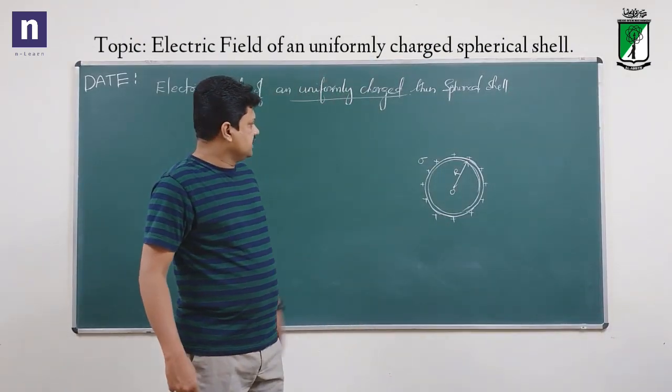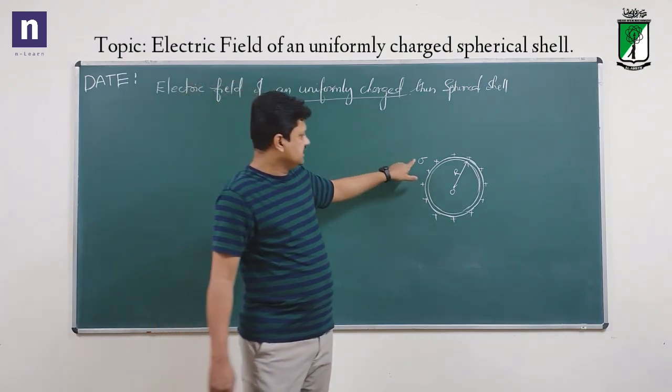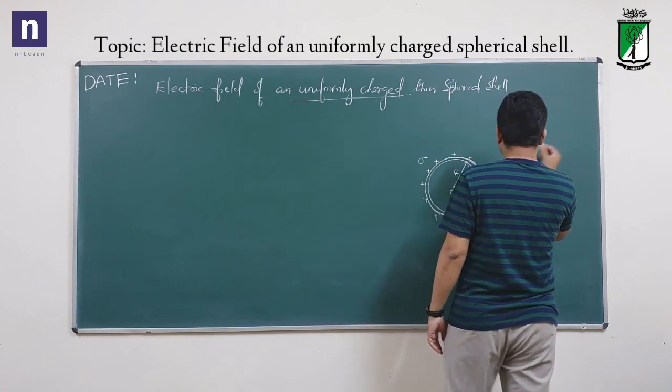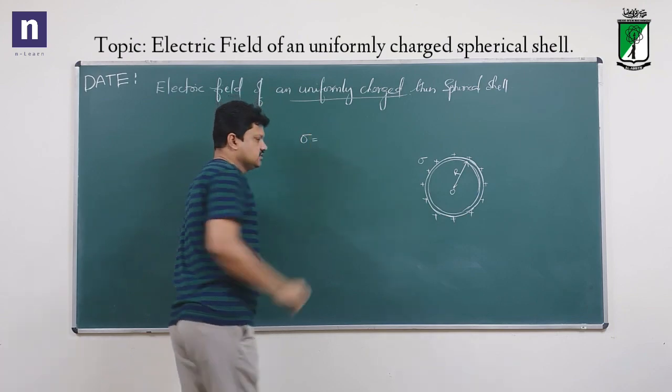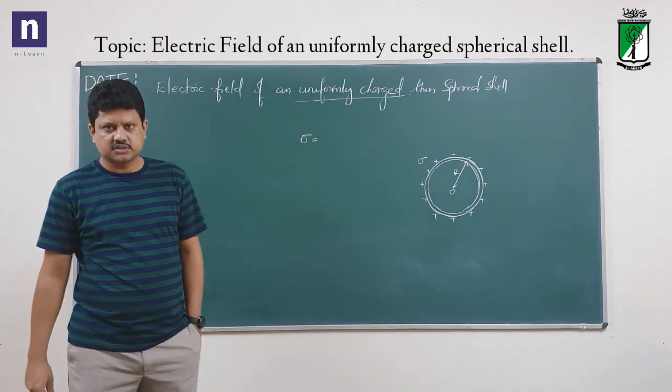Now you know what is the charge density on this. If density is sigma, then what is the definition? The definition of charge density is charge divided by surface area.